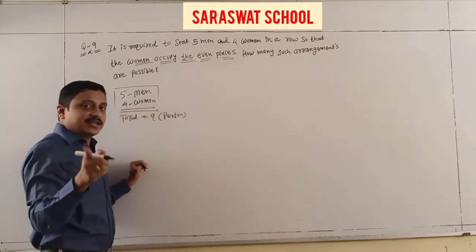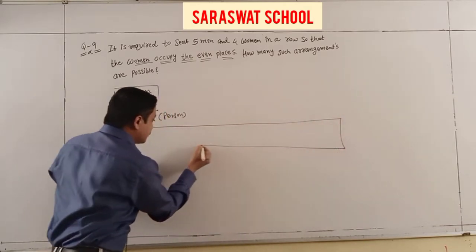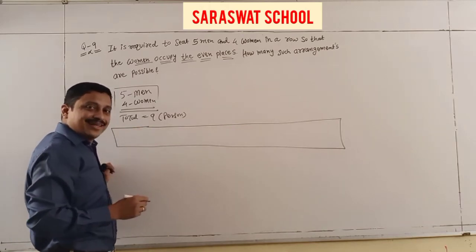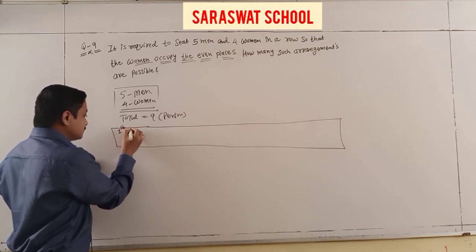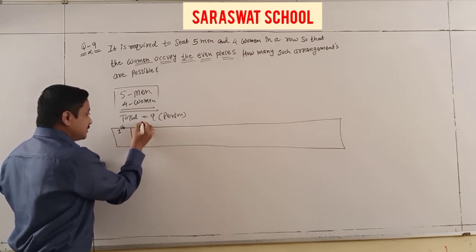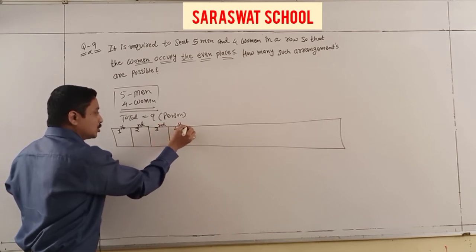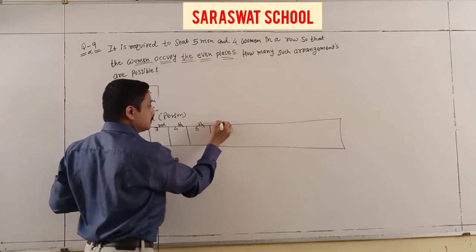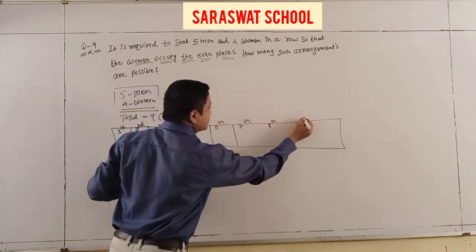and I total arrangement in a row just like that. Consider that is your row arrangement, and I just write down the places. This is the first place, second place, third place, fourth, fifth, 6th, 7th, 8th, and that is the 9th.